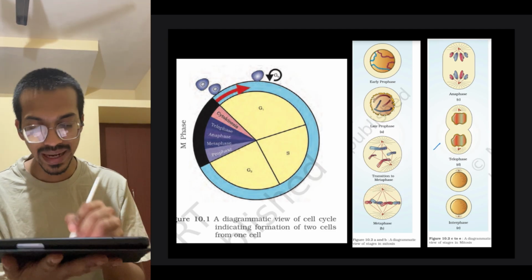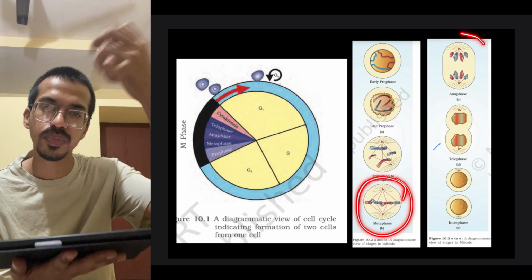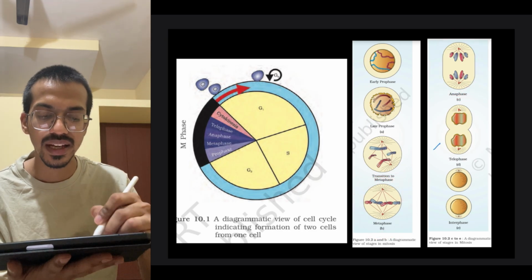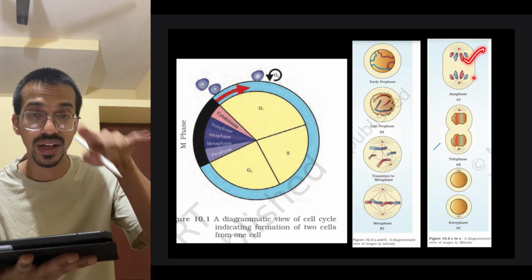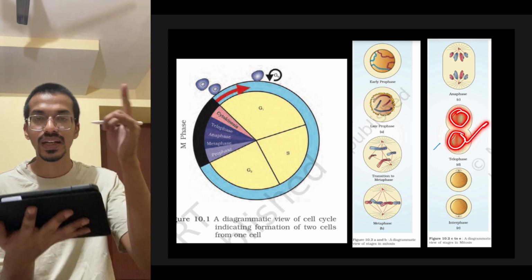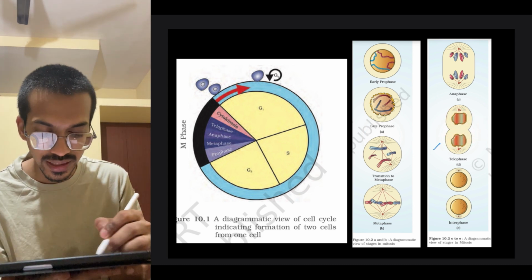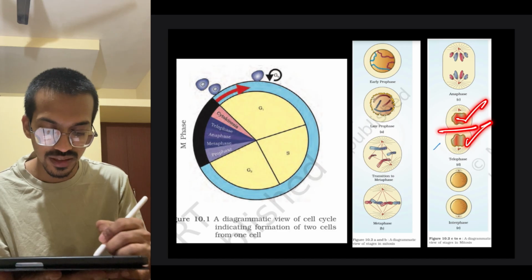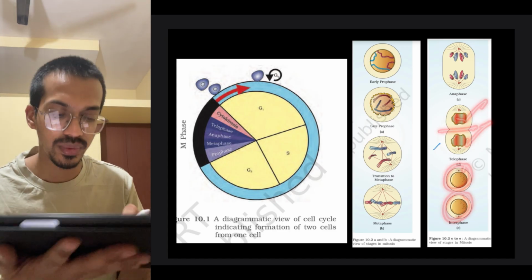Then this metaphase will change into anaphase, where the splitting of chromosomes takes place and the chromosome number increases. Then comes the telophase, where the nuclear membrane forms again, and cytokinesis will divide the cell completely.